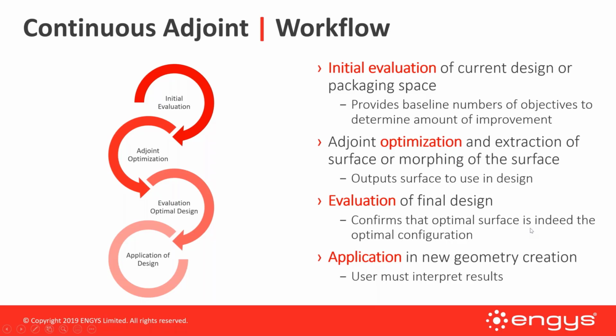And then finally, the application of this geometry. And at the very bottom here, you can see user must interpret results. So this is a key component in that even though it gives you an optimal design, it's up to the engineer to use their best judgment on what parts of this design they actually want to use. So we'll see an example of that later when I talk about the practical applications.